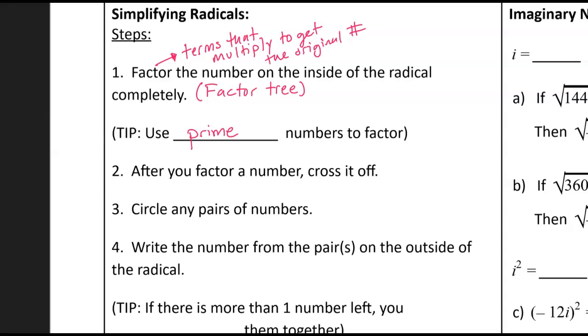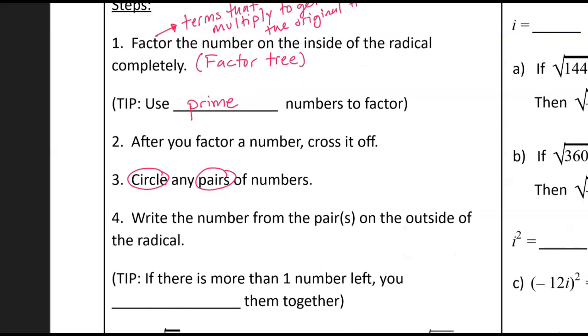Now after you factor a number, you're going to cross it off. You factored it. It's gone. At the end of your factor tree, after you reach all of the prime numbers, you're going to circle any pairs of numbers. You're going to write one representative of each pair on the outside of the radical.